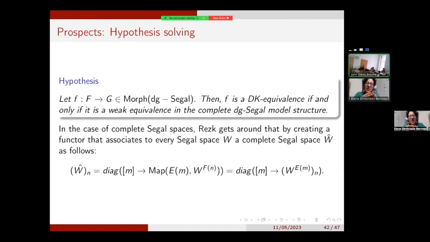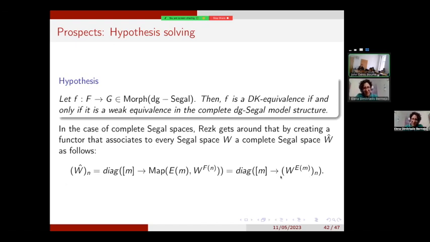Okay, so obviously the first thing that we need to do now is how do we solve this hypothesis? This is something that arrived in Rezk's case when he was working with traditional complete Segal spaces. What he does is he creates a functor that associates a complete Segal space to any simplicial space, and it has this form.